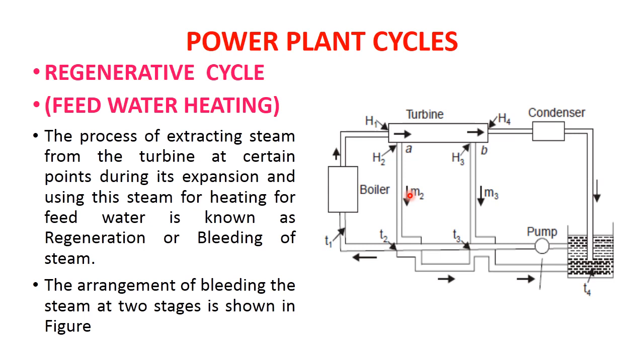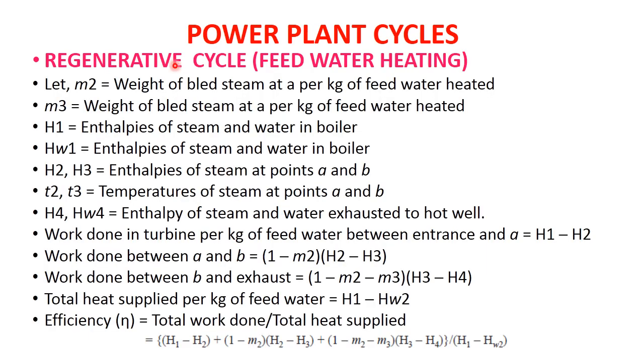So this feed water will be heated with the help of the steam from the turbine, and therefore we get a regeneration stage of feed water heating. So the process of extracting the steam from the turbine at certain points during its expansion and using this steam for feed water heating is nothing but the regeneration of the steam.